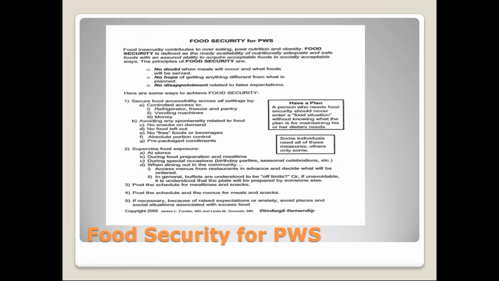That way it empowers the persons with PWS to keep themselves secure about food and still possibly enjoy going out to dinner, and not have the whole thing where all of a sudden the waitress brings, hey, here's some more rolls, because that's what we do for other folks. If the person's empowered by being able to hand the staff person the card, it's a win-win situation. All right? That's one of the ones I can help with food security here.